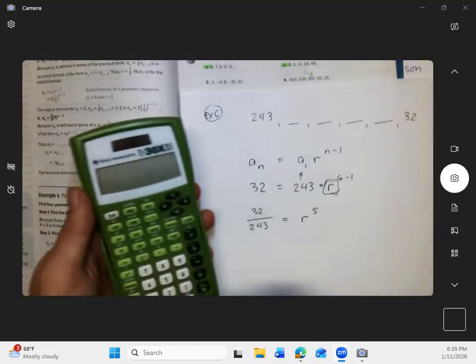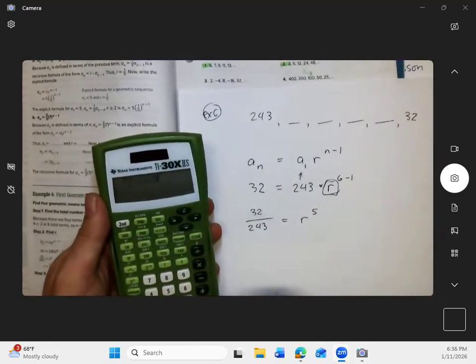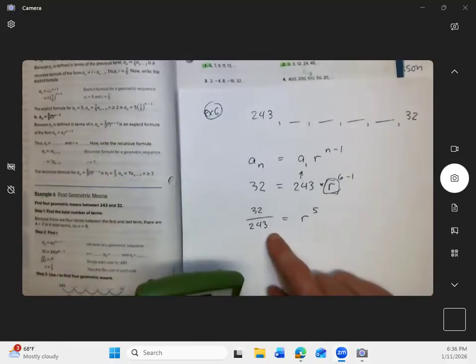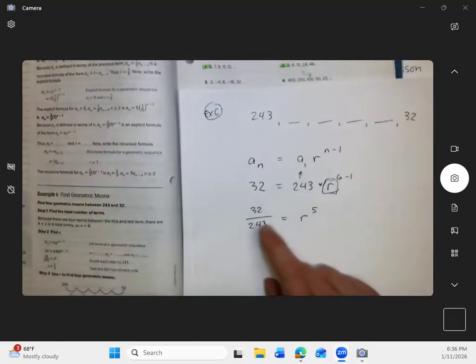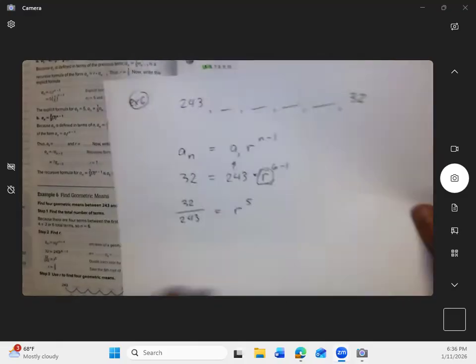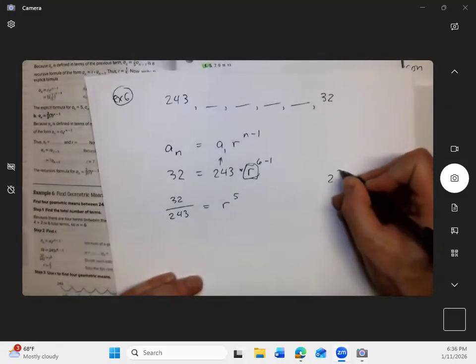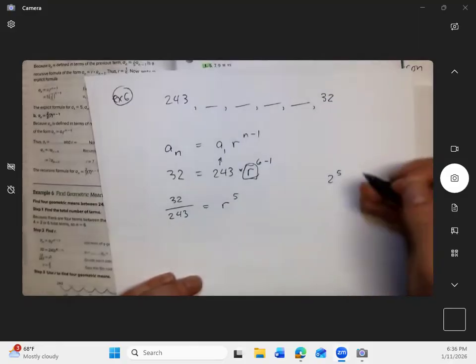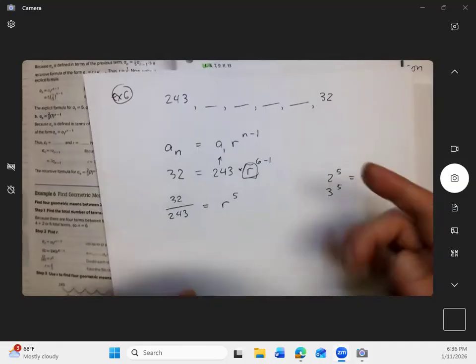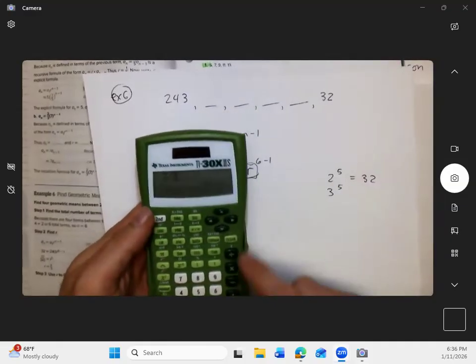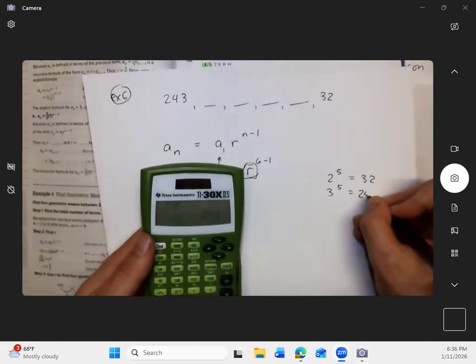What is 32 over 243? Is there some better way to say it? Oh, I know what this is. 2 to the 5: 2, 4, 8, 16, 32. And 3 to the 5, let's see, 3 to the 5 is 243. Yeah, that's what it is.